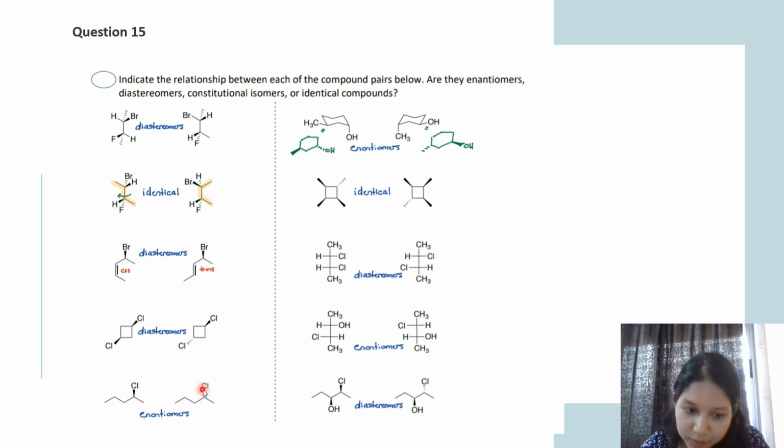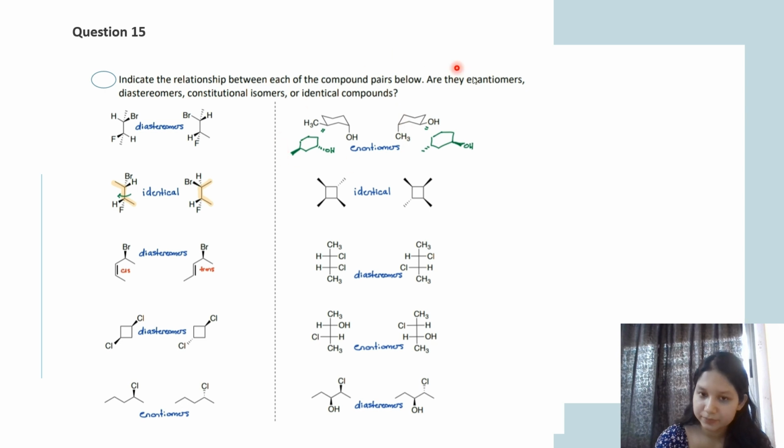Similarly, for this one, you have this as 1, this as 2, and this as 3, and the fourth priority group is above the plane, like towards us. So the anti-clockwise rule will reverse. So 1, 2, 3, although we are moving in an anti-clockwise fashion, we have the fourth priority substituent above the plane, and we will end up getting R configuration. So we have one S and one R for this pair, and these two will be enantiomers of each other.